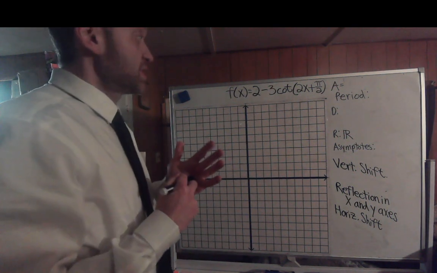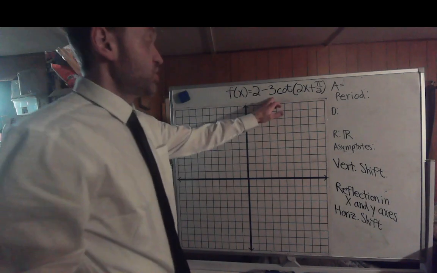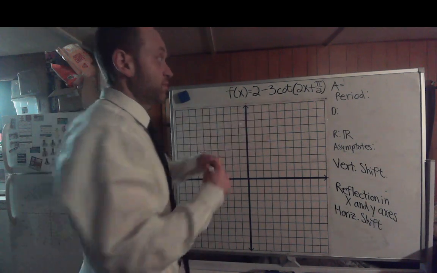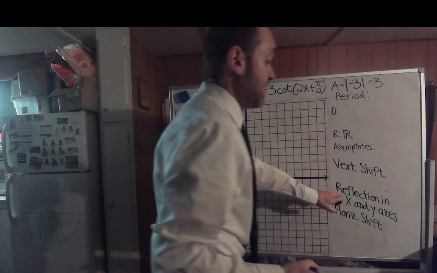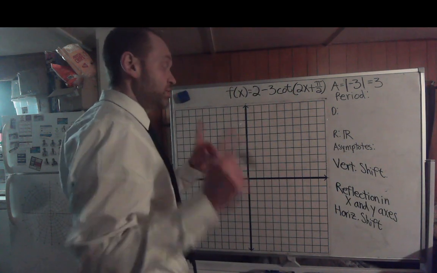Well, let's start with our amplitude. The coefficient on cotangent is -3. So if I take the absolute value of -3, I get an amplitude of 3. And then that negative does mean a reflection in the x and y axes. We got both of those covered.